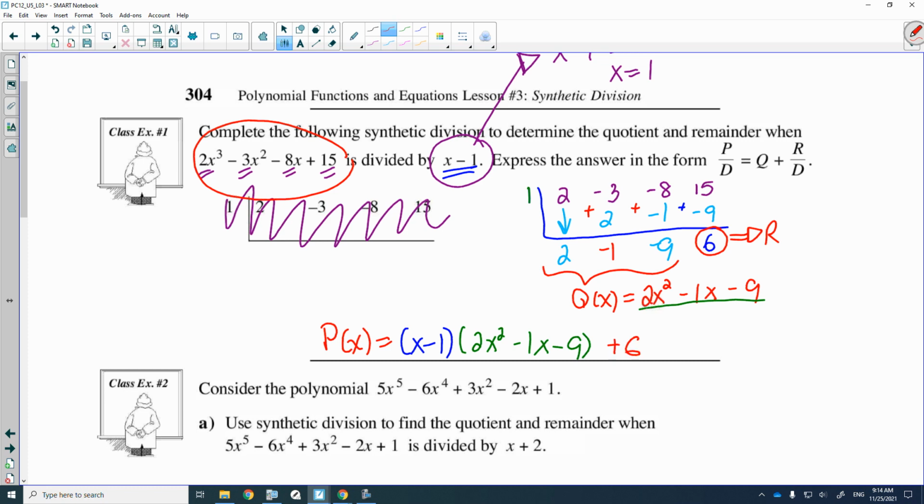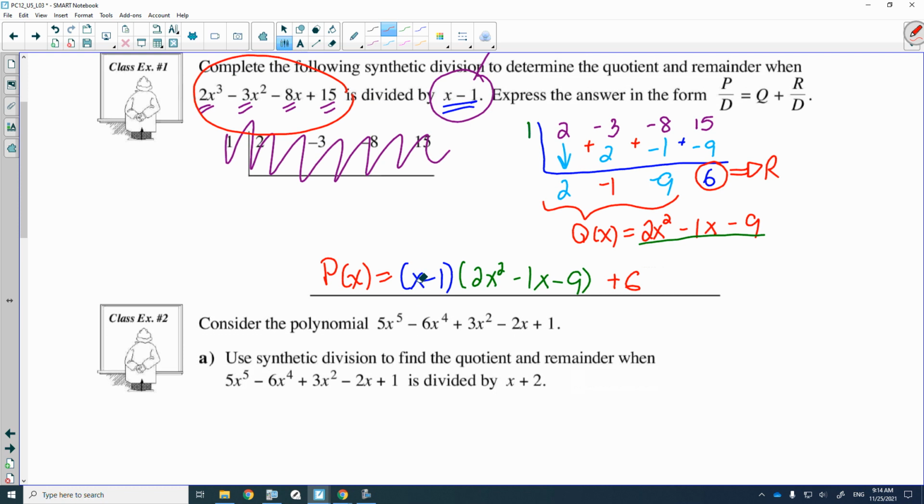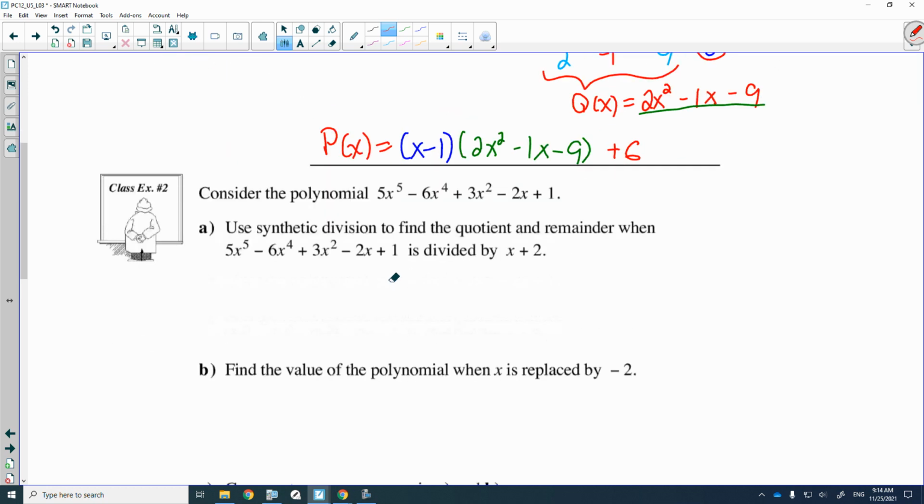Because the remainder is not 0, is 1 a factor of the polynomial? No. According to the division algorithm, this remainder is not 0, therefore we will not have an x-intercept here of 1.